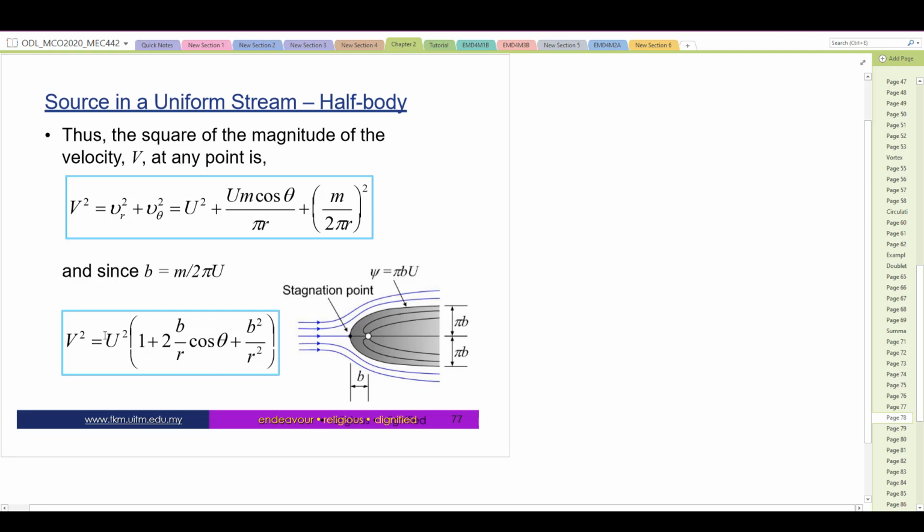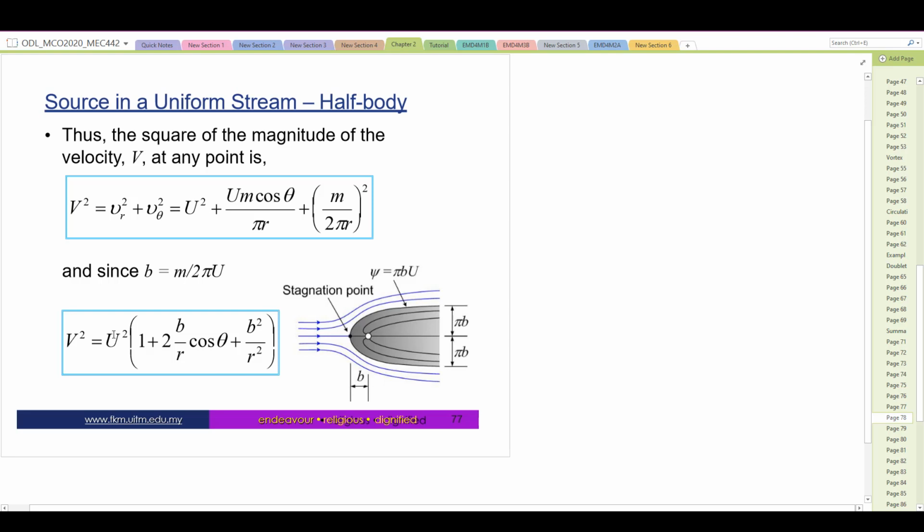Earlier in this lecture I explained about this kind of flow. It is inviscid, and it is also irrotational, because it is still basic potential flow. So when we have the velocity at any point, we can find the pressure.